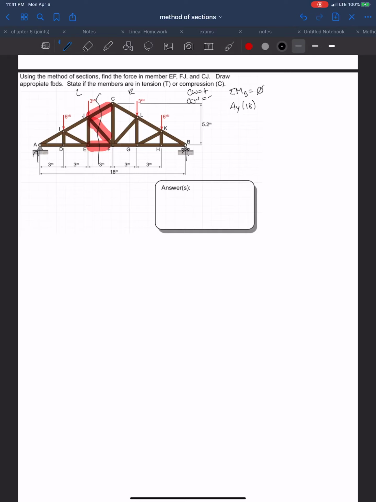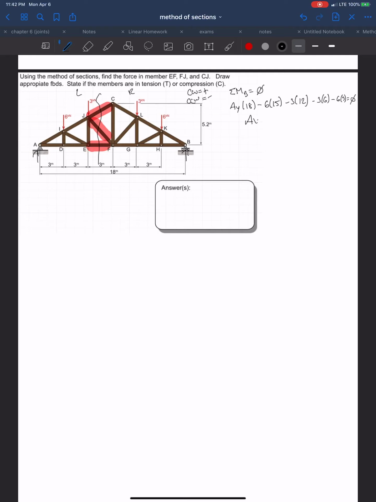So Ay times 18. Then we have 6 and the distance of 15, and if you notice, that's actually going to be counterclockwise. We're going to have counterclockwise 3 times the distance 12. Then we're going to have 3 times 6. And finally, we're going to have 6 times 3 is equal to 0.